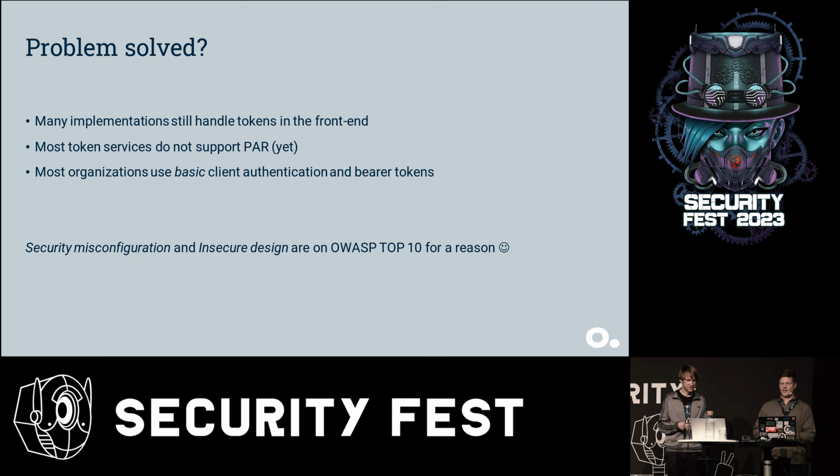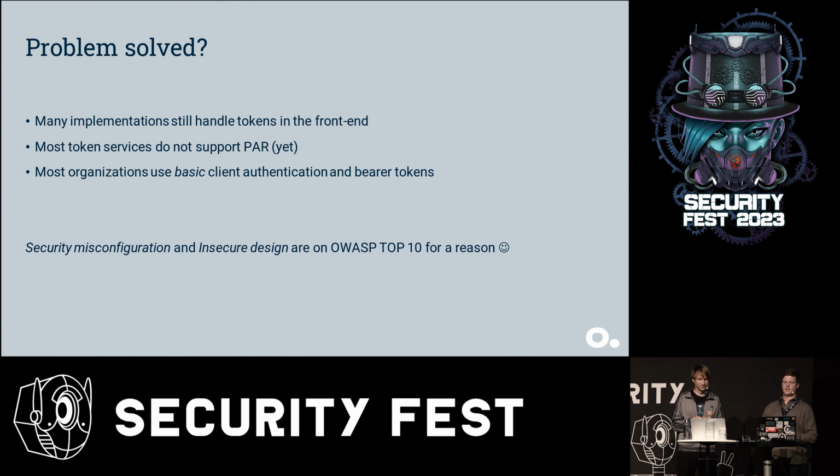Well, I wish I could say that, but in our experience reviewing and performing penetration tests of systems implementing OAuth, we can say that most of them do not follow the best current practices, or they follow best current practices that are no longer current. So the C in best current practice stands for current, and that's subject to change.